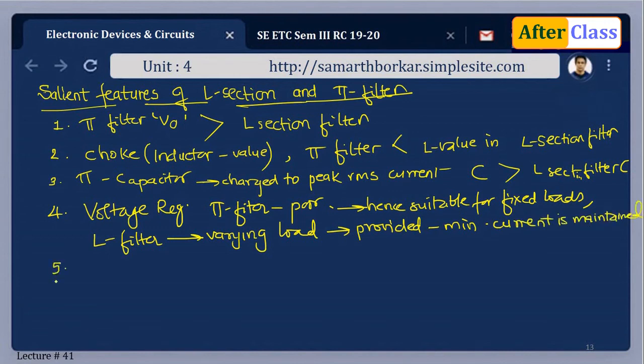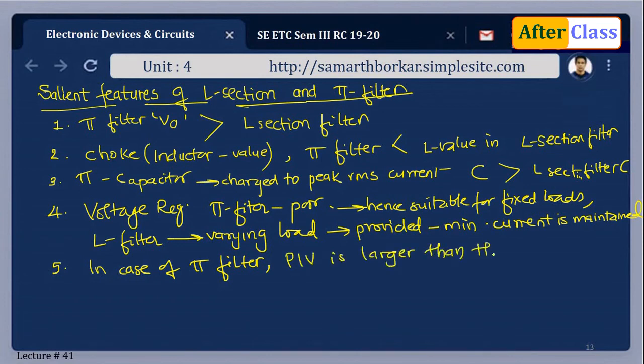And the fifth point: in case of a PI filter, the PIV, that is peak inverse voltage, is larger than that in case of an L section filter.